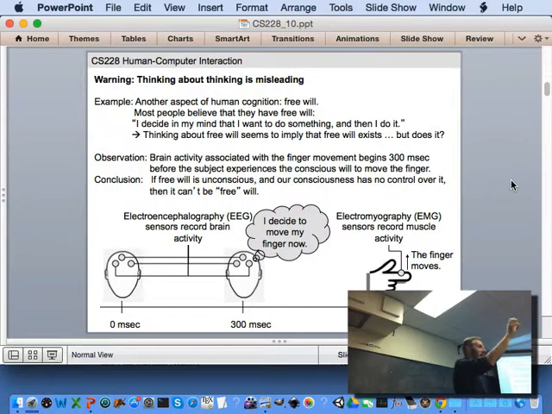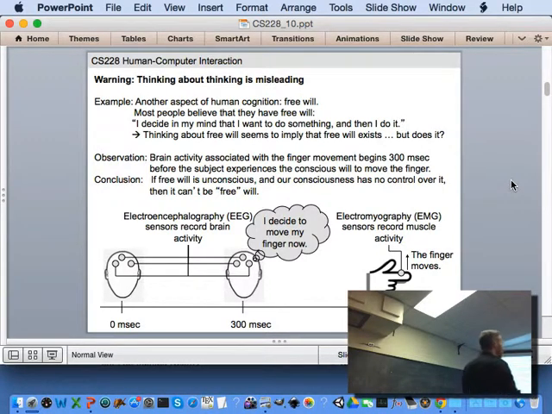And there was some pattern in my brain that was consistent at that time, and that pattern did not show up the rest of the time that I was wearing the EEG helmet. So there's a certain pattern in my brain that forms and then dissipates at the moment when I decide to move my finger. So that looks good, right? That's the decision being made somehow.